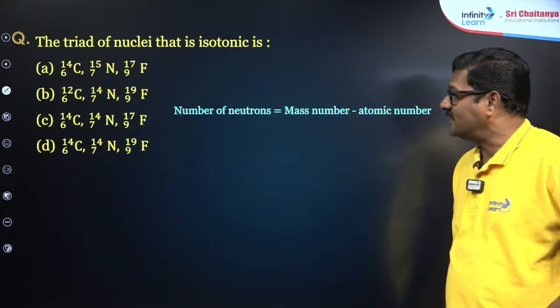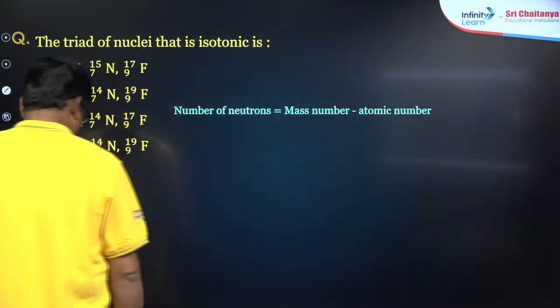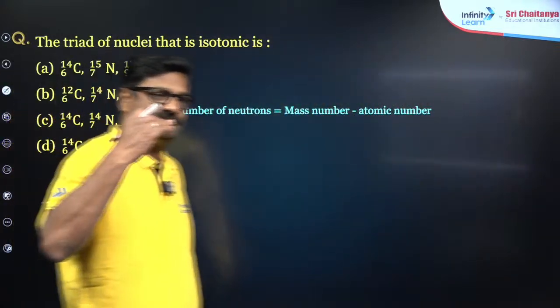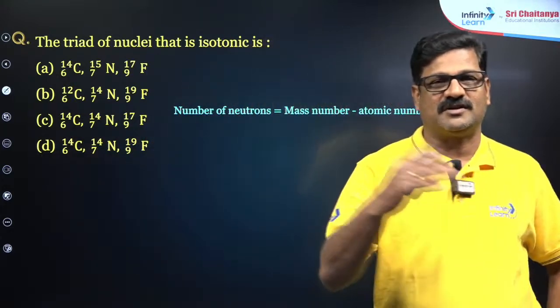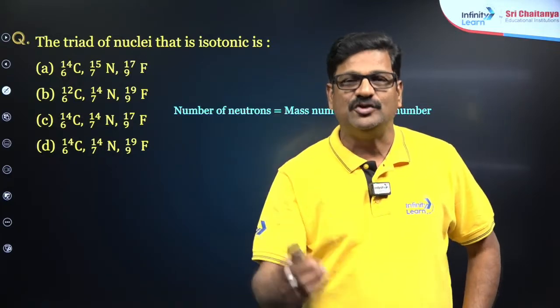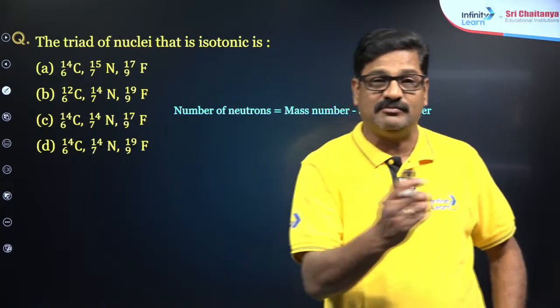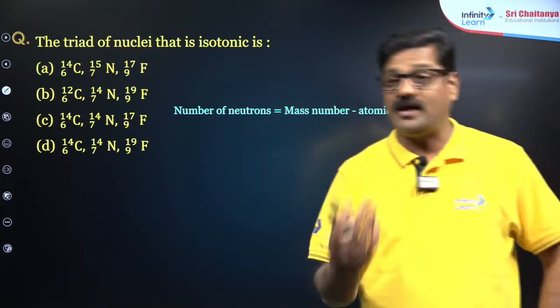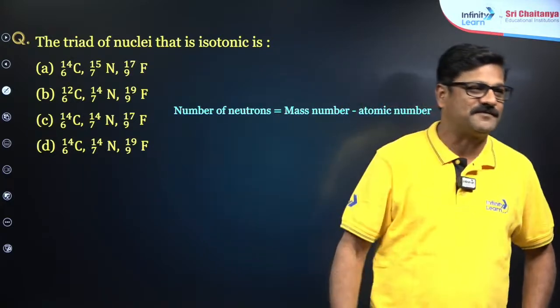So the triad of nuclei that is isotonic with. It is in the very initial stage of fundamental particles: atomic mass, atomic number, isotope, isotone, isobar. Usually these terminologies are important, but at this level students may ignore them or just get confused.